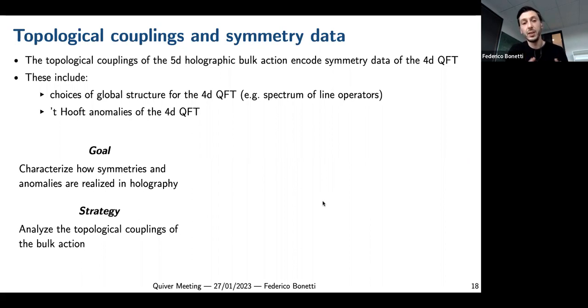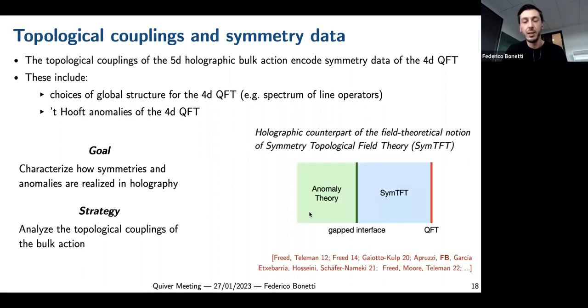So this is a discussion in holography, but it resonates very nicely with a purely field theoretical concept, that is the one of symmetry topological field theory. In this purely field theoretical notion, the idea is that if you want to study a given theory, it's convenient to think about it as a slab. So this would be this sort of light blue region here.